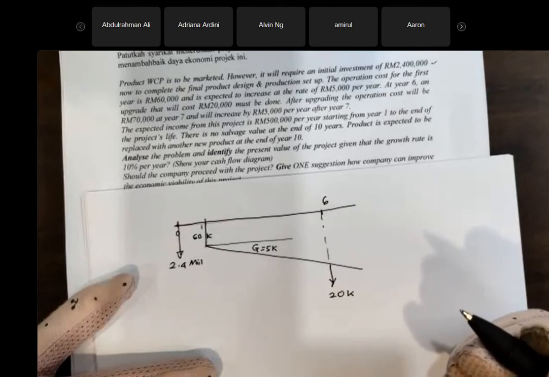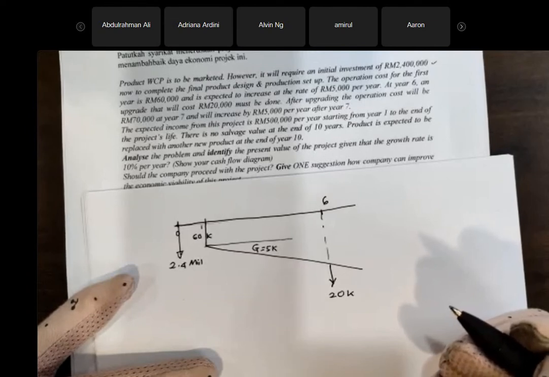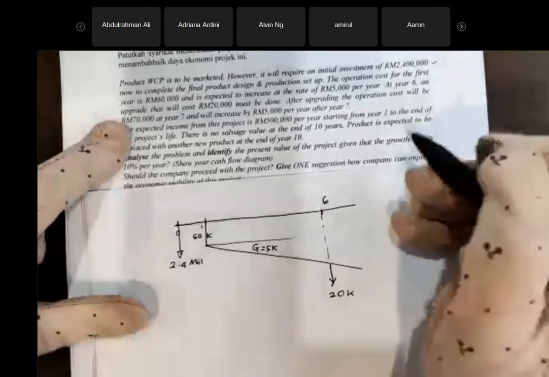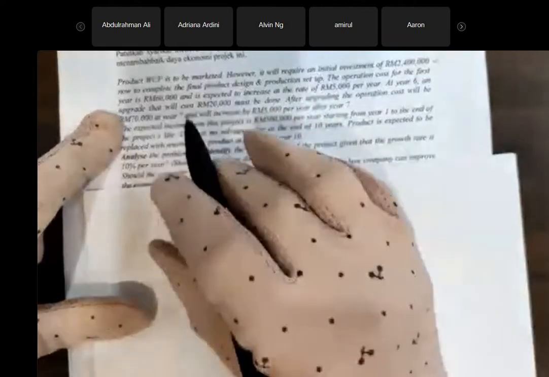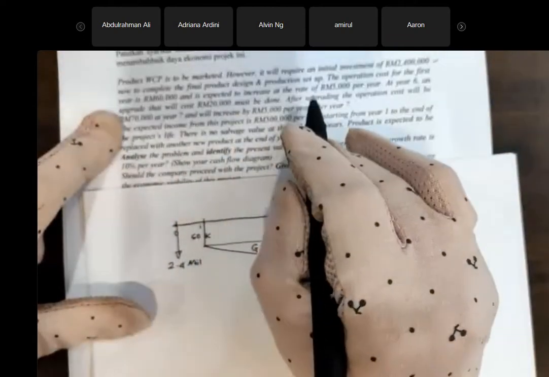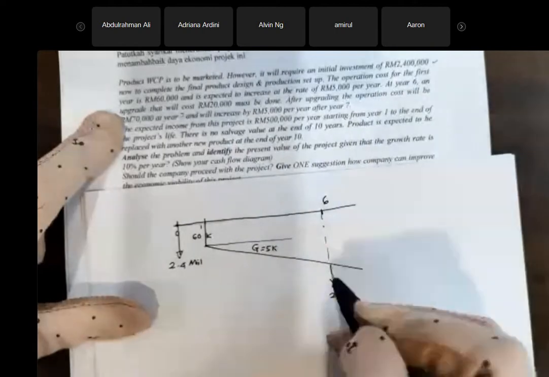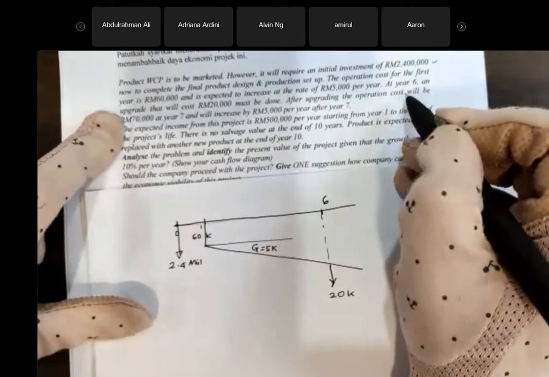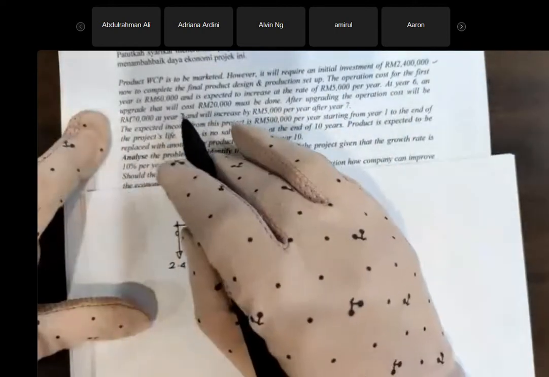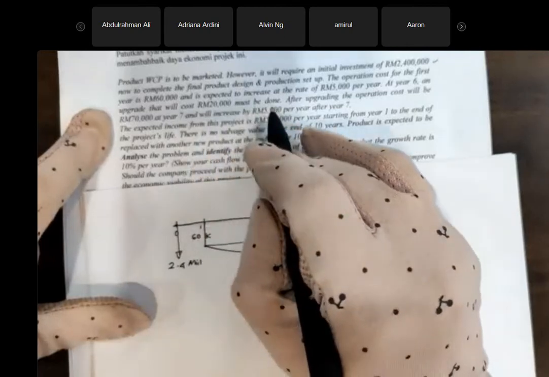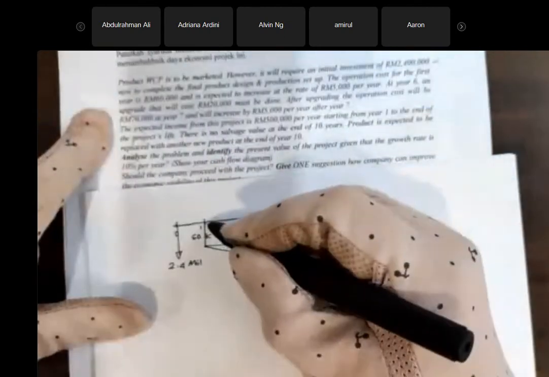After upgrading, the operation cost will be 70,000. Earlier the operation cost is 60,000 and is expected to increase at the rate of 5,000 per year. We don't know when to stop. When to stop this one?